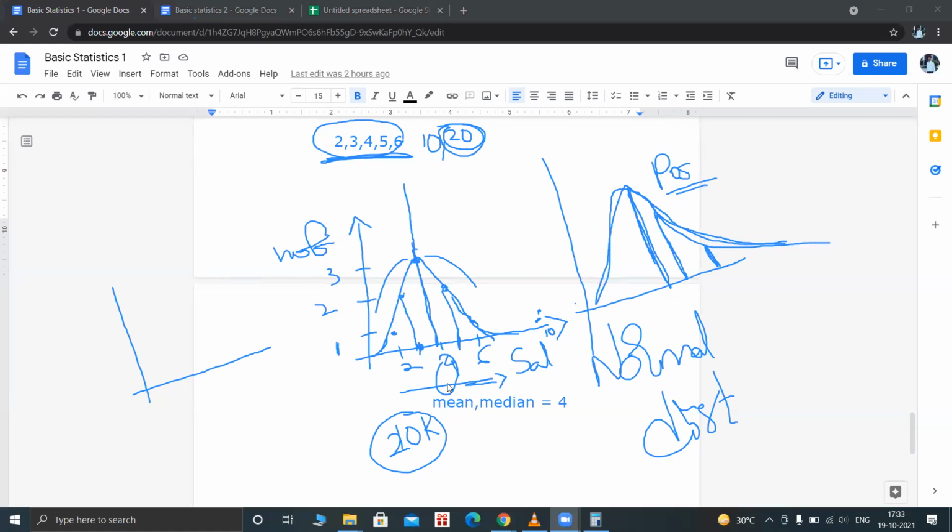So add 0.01 instead of 0.1. Add 0.01, guys.